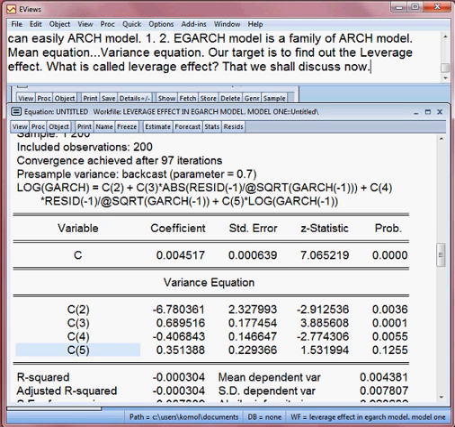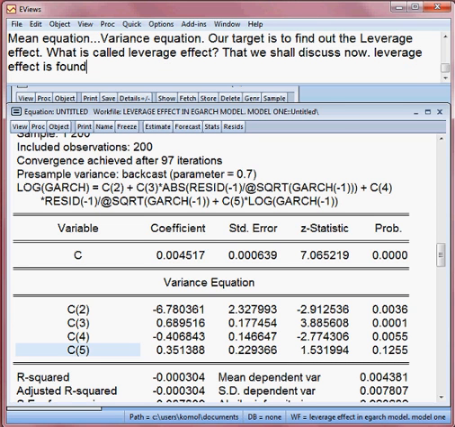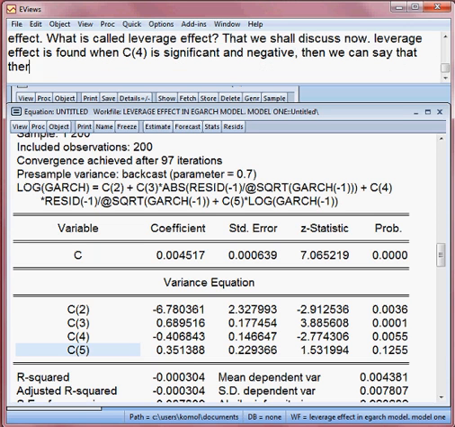But the thing is that a leverage effect is found when you check from here C4: when the coefficient C4 is significant and negative, then we can say that there is a leverage effect, right?